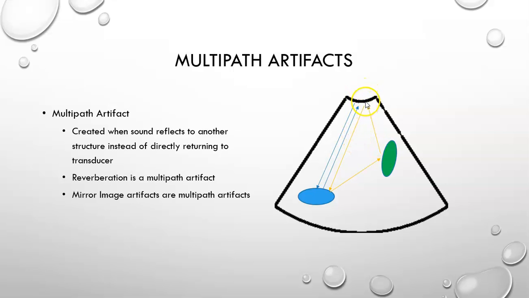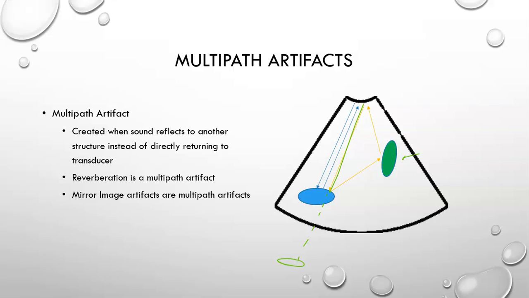Along this yellow path, you would see a continuation of the beam, and then this structure here would be displayed down here because the sound came along this path initially.